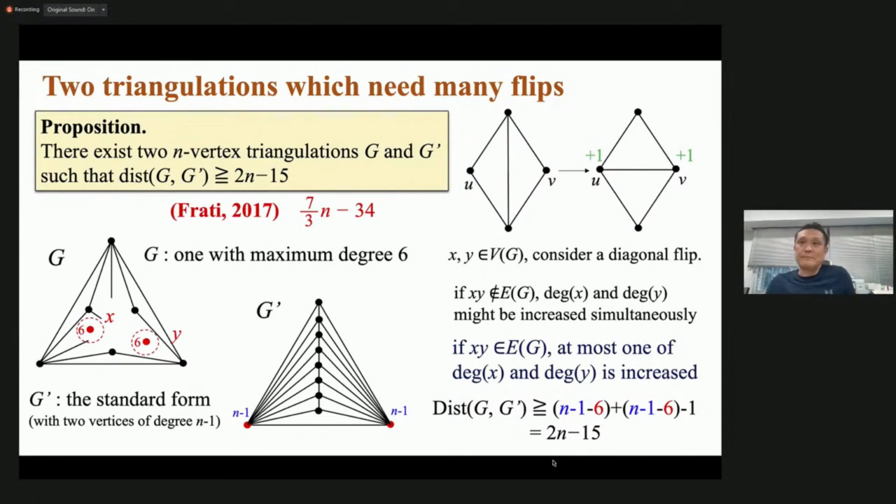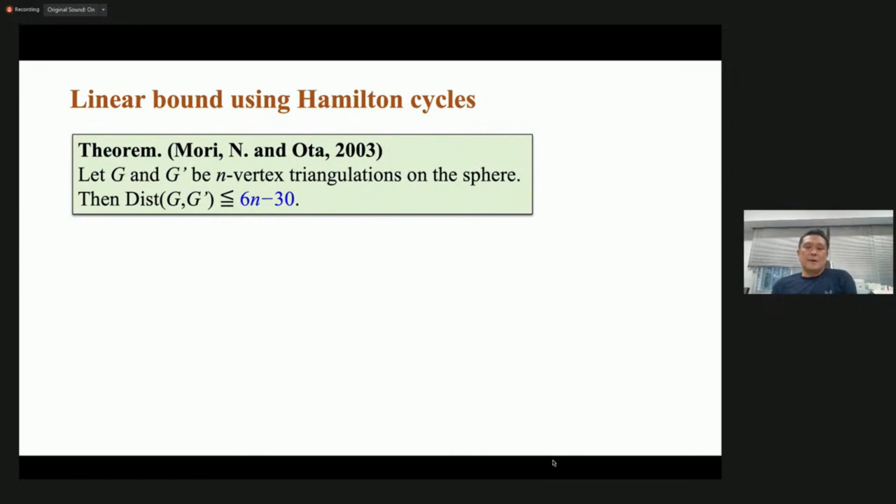So let's consider the upper bound. We already know the lower bound is linear. Now we mention that the upper bound is also linear.